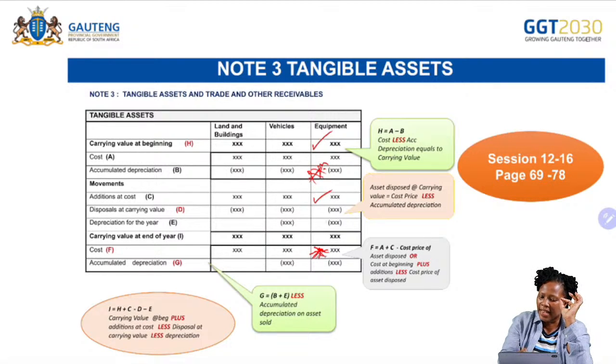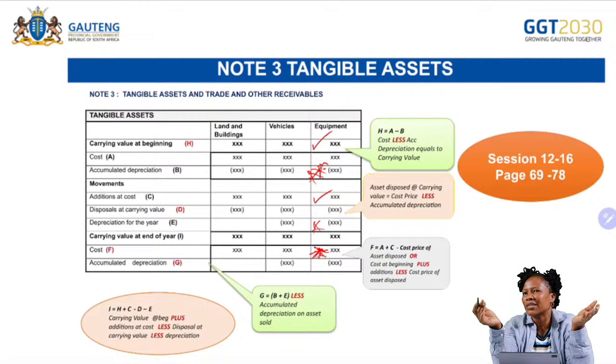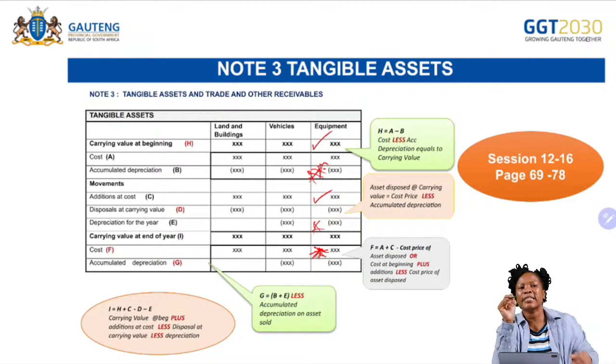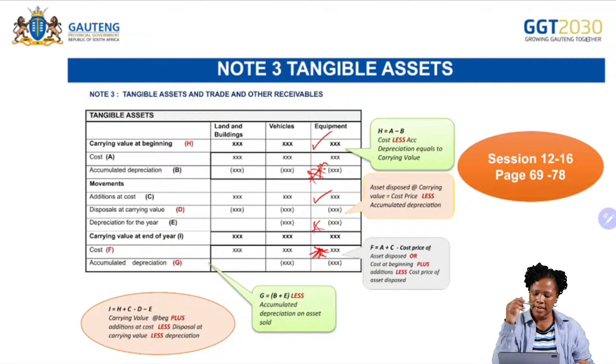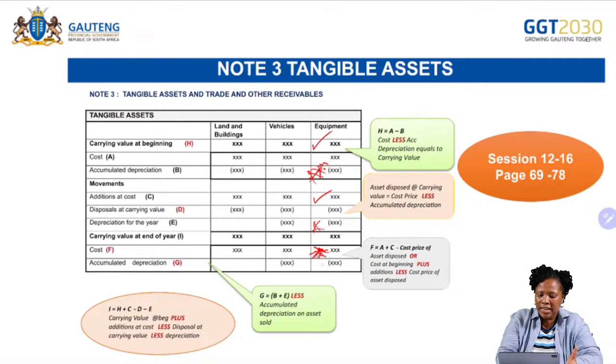And then if there's any depreciation during the year, you will add the depreciation. But if you sell an asset, you are also going to take out the accumulated depreciation of that asset, the whole of it, and then you will remain with your balance of the accumulated depreciation that comes to this area.